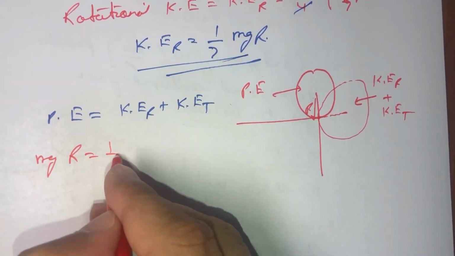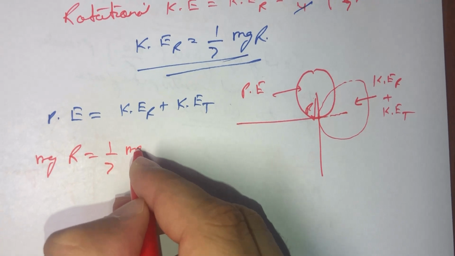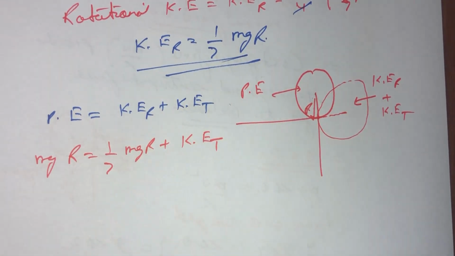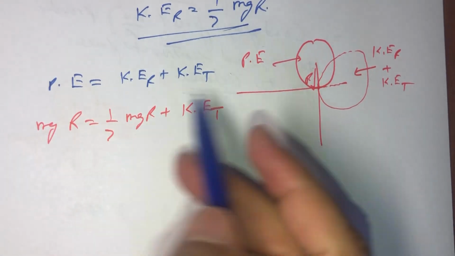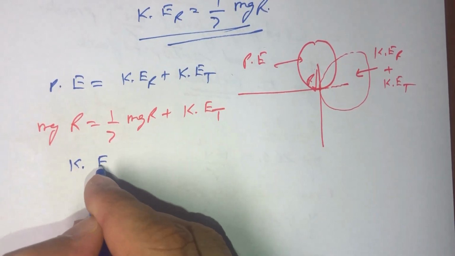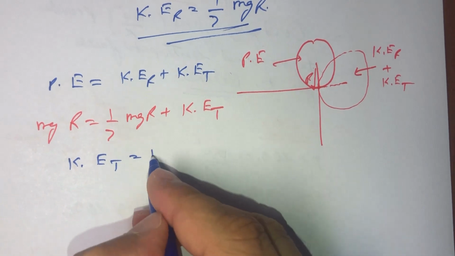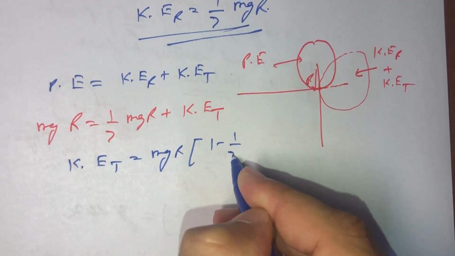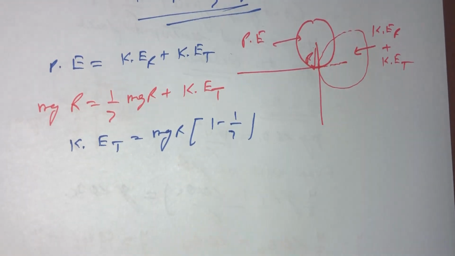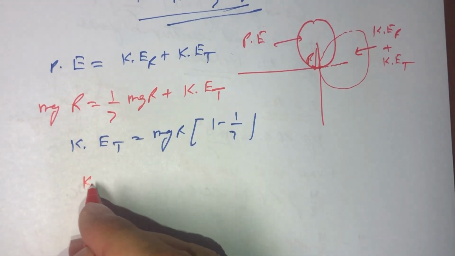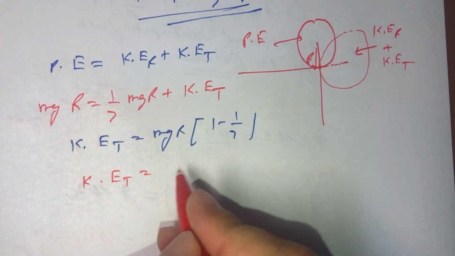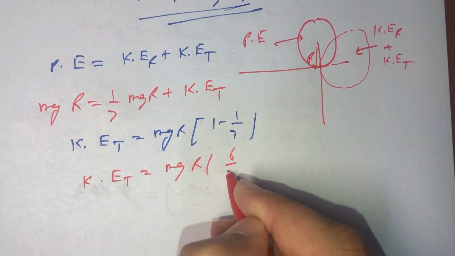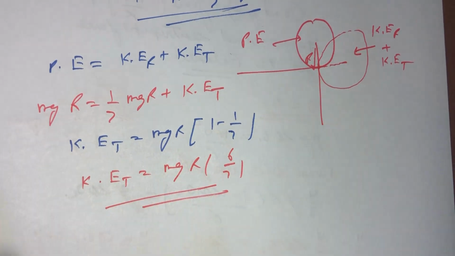Kinetic rotational is 1 by 7 mgr plus kinetic energy translational, and this gives us kinetic energy translational equal to mgr times (1 minus 1 upon 7), which comes as mgr times 6 upon 7.